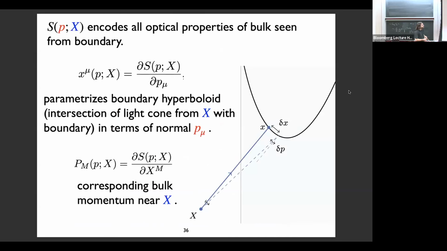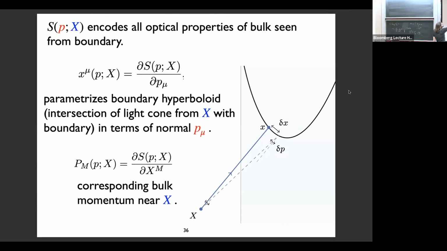So here's the picture. The data is a bulk point, and momentum at the boundary, which is like the direction you shoot at the boundary. So I fix the bulk point and an angle at the boundary, and there is going to be a unique geodesic that connects them generically. This function contains everything you want to know about the problem.